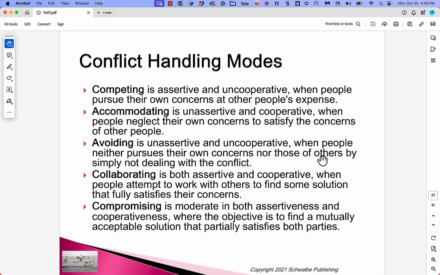Now, people have different kinds of tastes for conflict. Some people are comfortable with a lot of conflict, and some organizations are comfortable with a lot of conflict. And some people and organizations, not a whole lot.